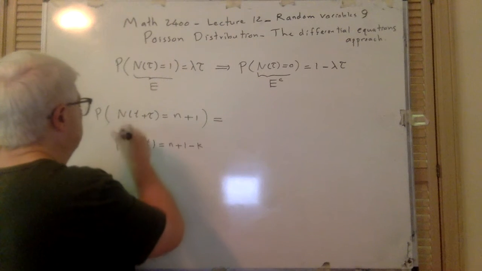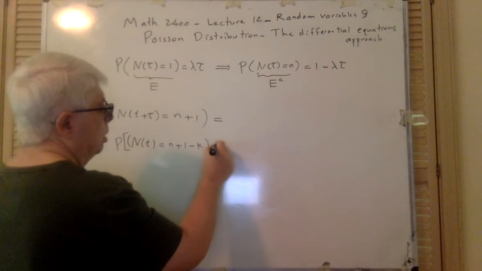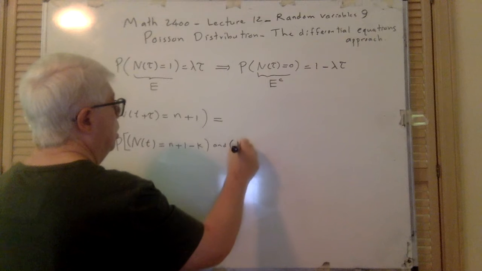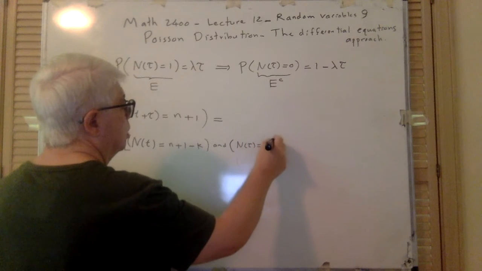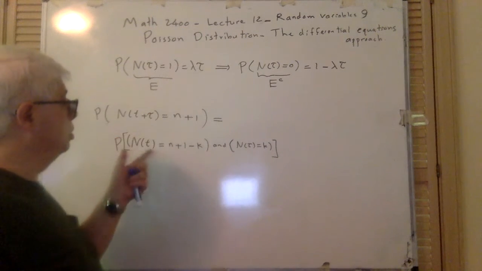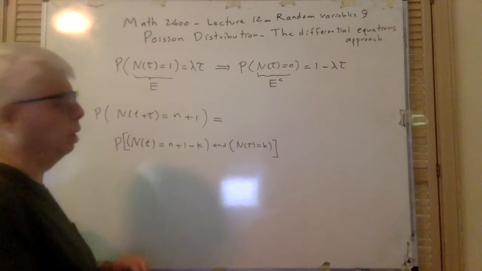So let's write it like this. This is k, and N(tau) is k. Okay? So I can do it like that.